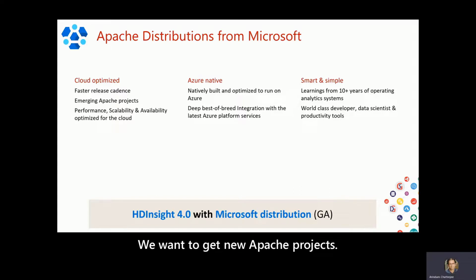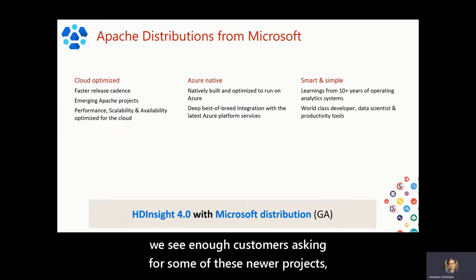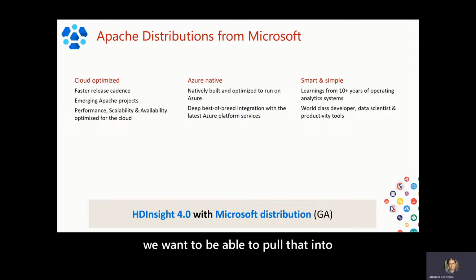We want to get new Apache projects. There are innovations happening all the time. And as soon as we see enough customers asking for some of these newer projects, we want to be able to pull them into our distribution and expose them through HDInsight as quickly as we can.